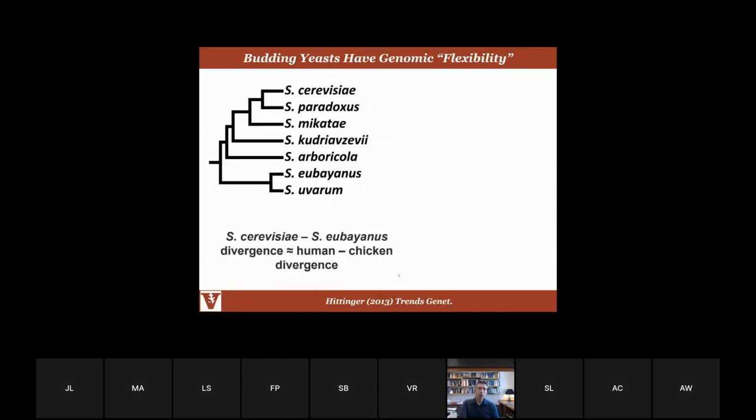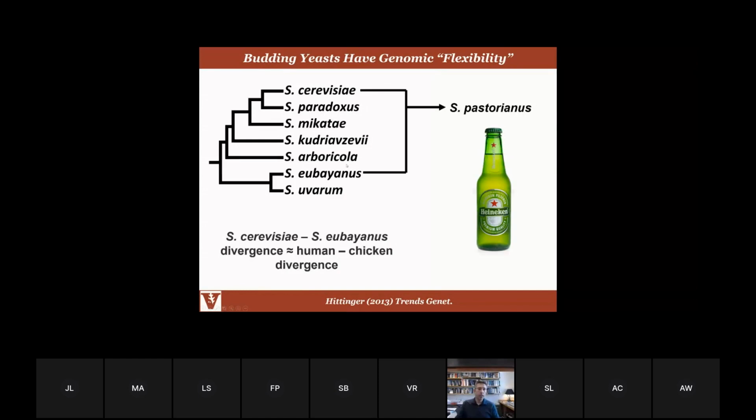But of course, Saccharomyces cerevisiae and Saccharomyces eubayanus can hybridize, and they have hybridized. We have a species known as Saccharomyces pastorianus. That's the cornerstone of the brewing industry for lager beers. And it's a really interesting hybridization because Saccharomyces cerevisiae prefers to grow at warm temperatures. Saccharomyces eubayanus was originally found at very high altitudes.